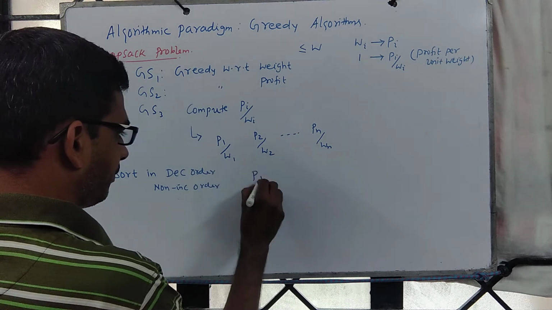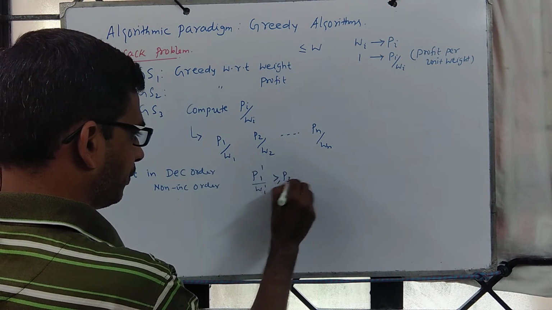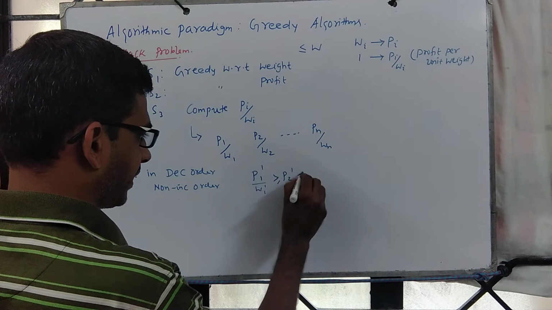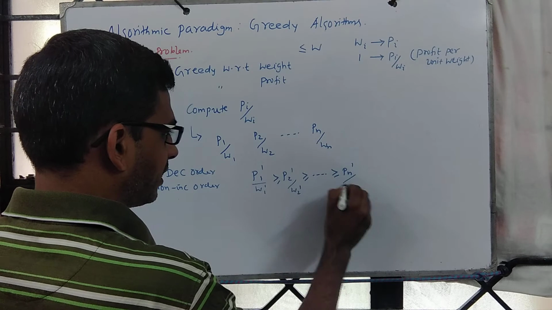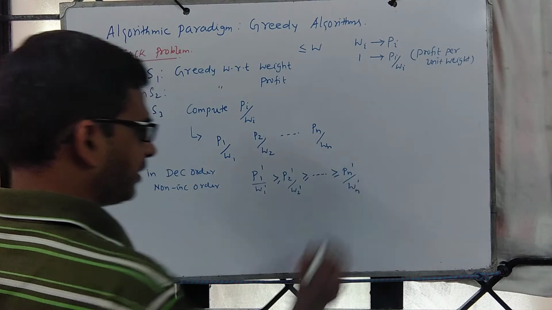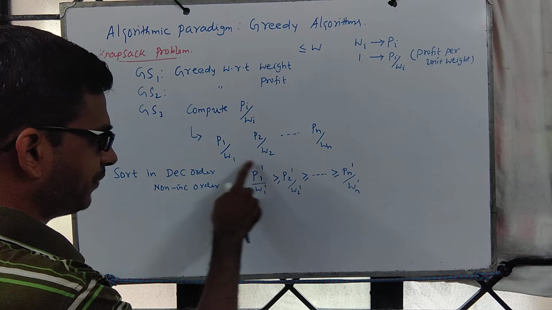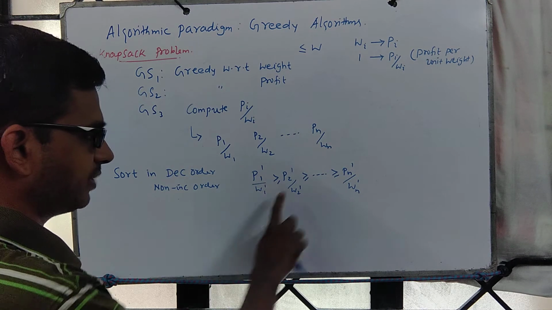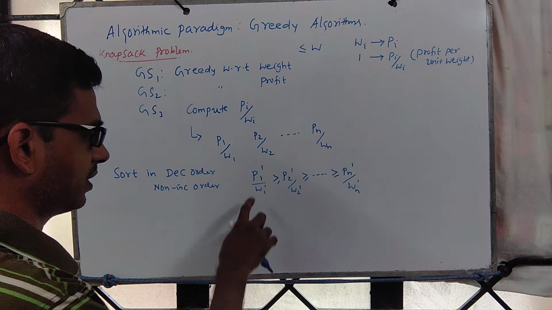So let's assume P1 prime by W1 prime is greater than or equal to P2 prime by W2 prime and so on. So in the sense that if I include a unit of W1, then the profit I get is maximum over inclusion of other unit objects.